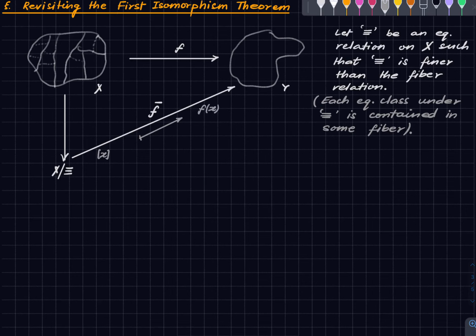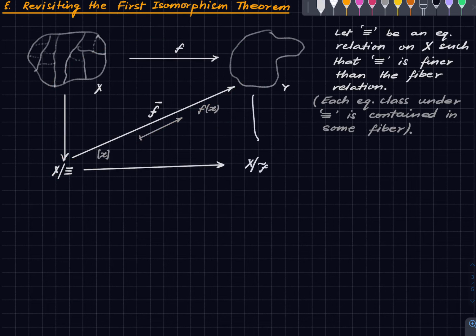Okay, so you pick an element here, it's going to be an equivalence class. You choose a representative of it, meaning an element in the equivalence class, and send it to the image of F under that. This is well defined. We talked about it at length. So this diagram commutes.